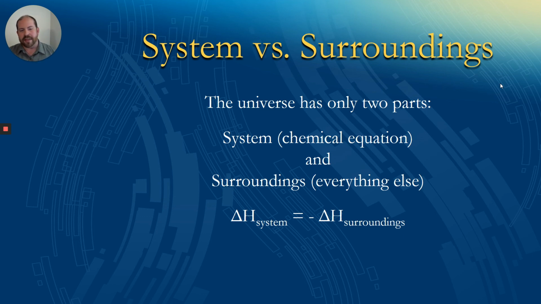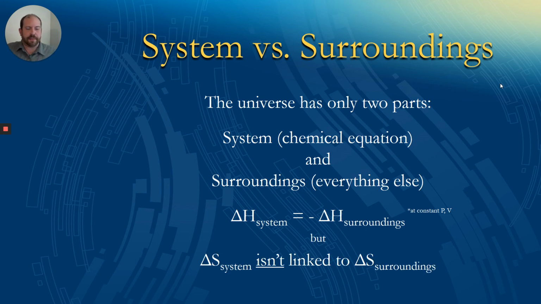So what that means is that the enthalpy change in the system is equal and opposite to the enthalpy change happening in the surroundings. My thermodynamics friends would string me up if I didn't put this tiny asterisk here and say that that's at constant pressure and volume, which is a close enough approximation for all the systems we'll be dealing with.